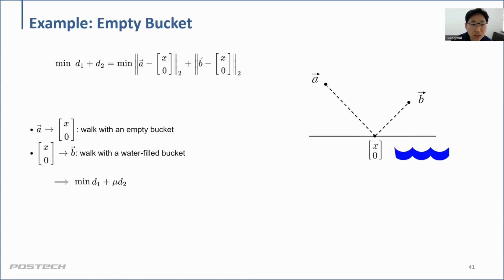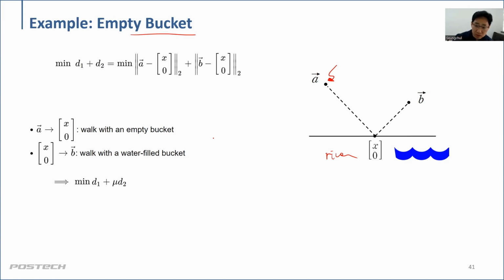Let's try a different example, like here, empty buckets. I'm going to show you the situation that we have. Suppose over there is a river, and you are standing right there with an empty bucket.